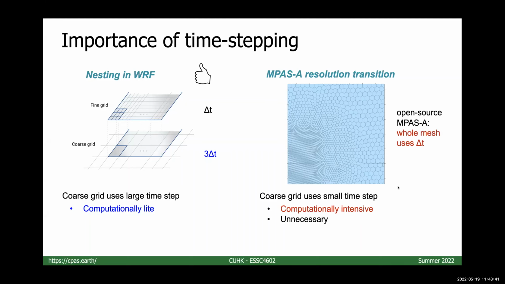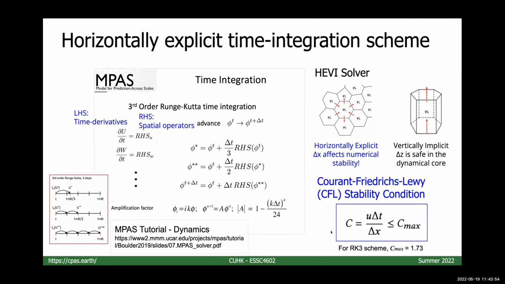So you will see that it will incur computational costs that may be considered unnecessary and you may want to save. And let me go back to this slide later.